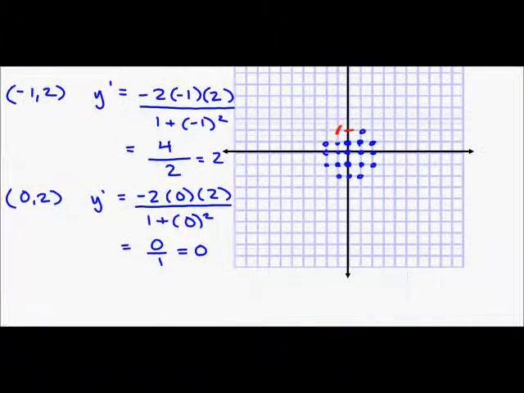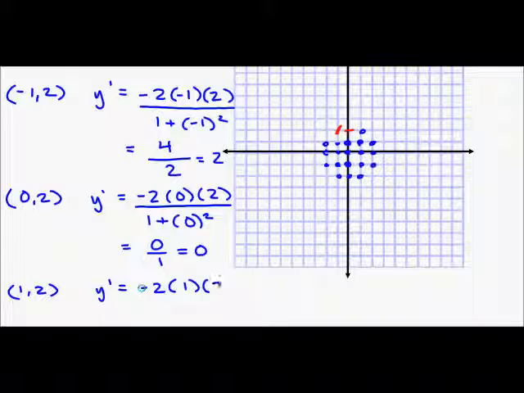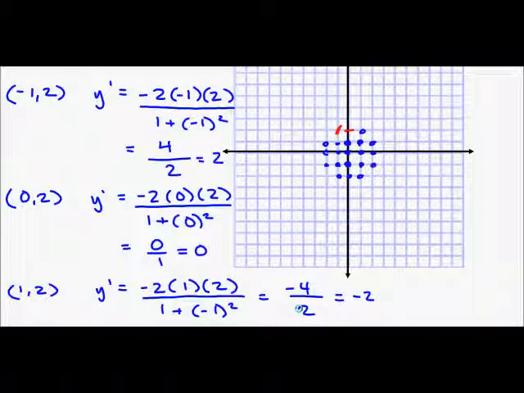Okay. Next, we have 1, 2. And so we get y prime is -2 times 1 times 2 over 1 plus 1 squared. This gives us a -4 on top and a 2 on bottom, so a -2 is our slope.